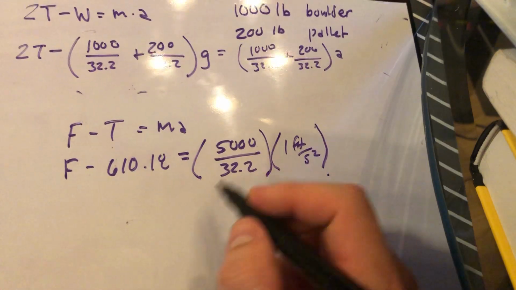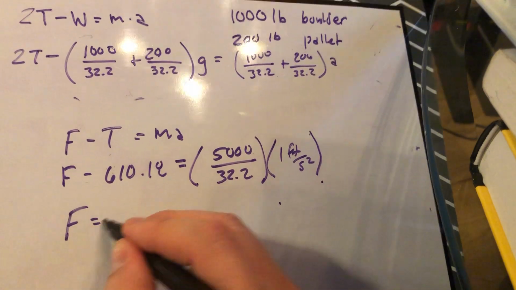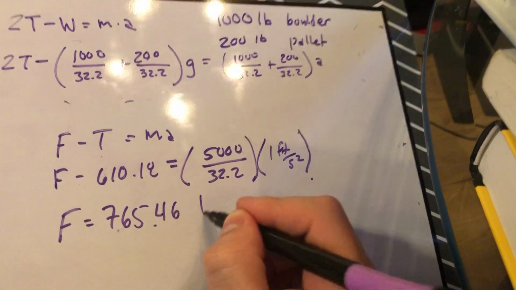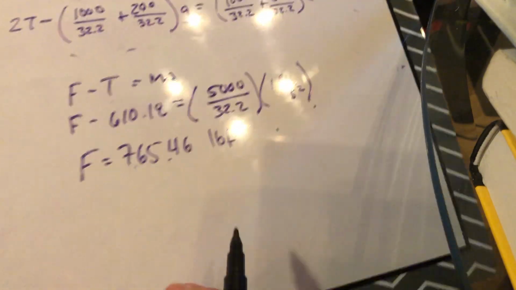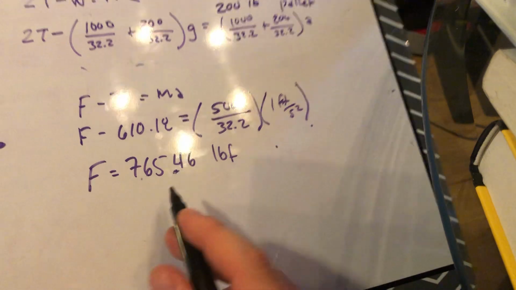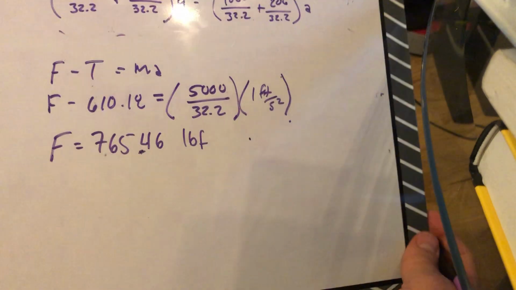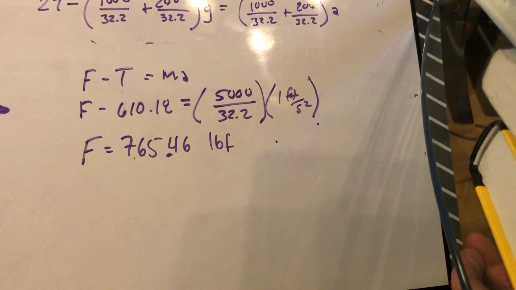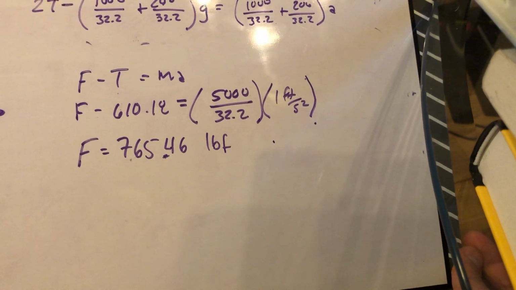So I'm getting sidetracked here. F is equal to 765.46 pound force. Let's go over my units again. It's really bugging me that I can't remember my units. What's the horizontal force between the tire and the ground on the truck?